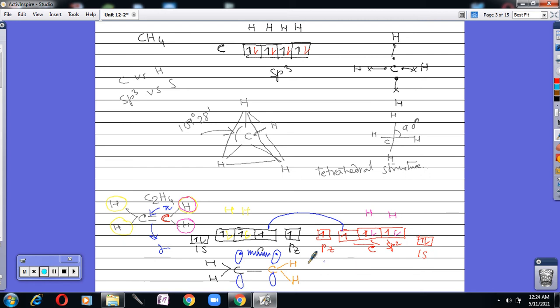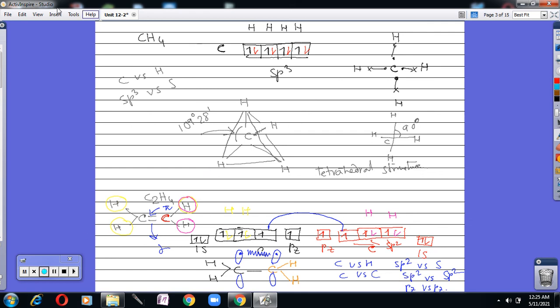The carbon versus hydrogen bond nature is sp2 versus s, the carbon versus carbon bond nature is sp2 versus sp2, and the pi bond is carbon versus carbon, that is pz versus pz. This one is a pi bond and these are all sigma bonds, right?